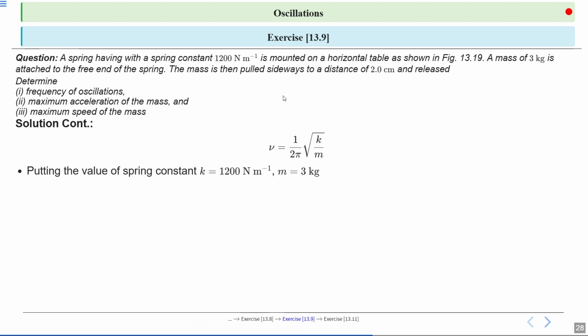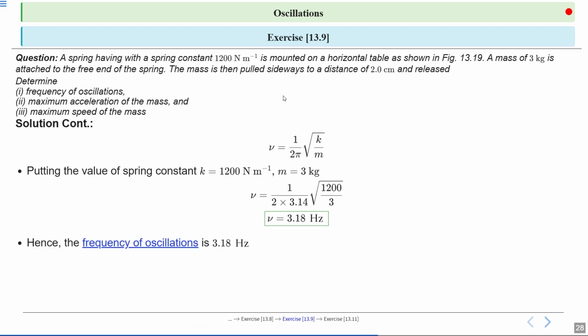So putting the values of spring constant k equal to 1200 Newton per meter, m equal to 3 kg, you will get nu equal to 1 divided by 2 into 3.14 into under root 1200 divided by 3. Solving this, you will get nu equal to 3.18 hertz. So hence the frequency of oscillations is 3.18 hertz. This tells us how quickly the mass moves back and forth.